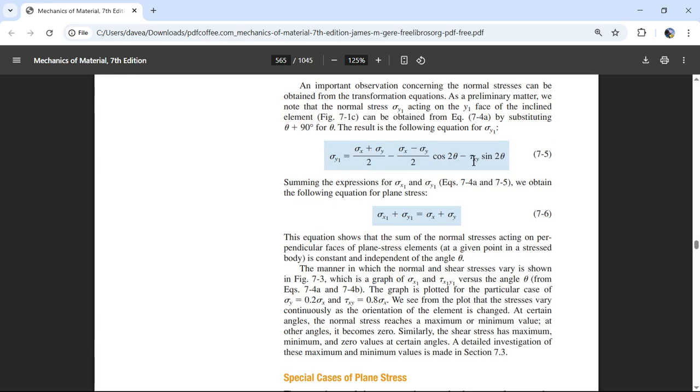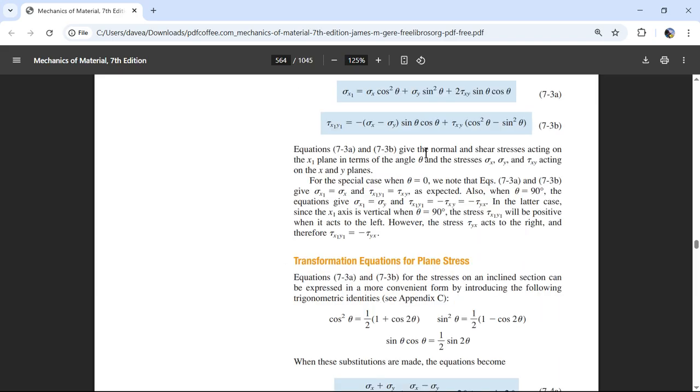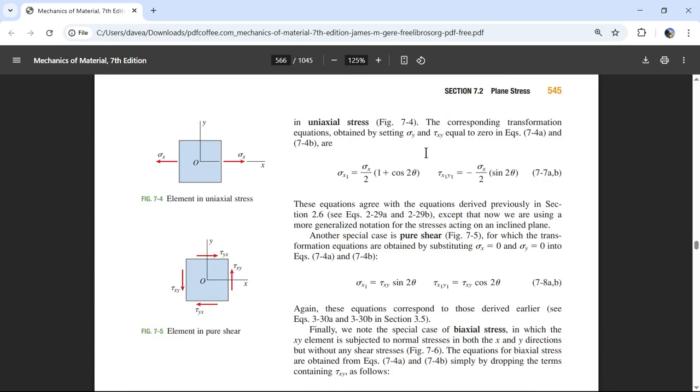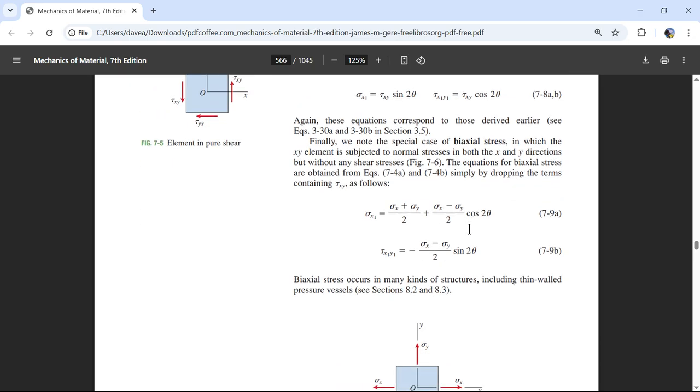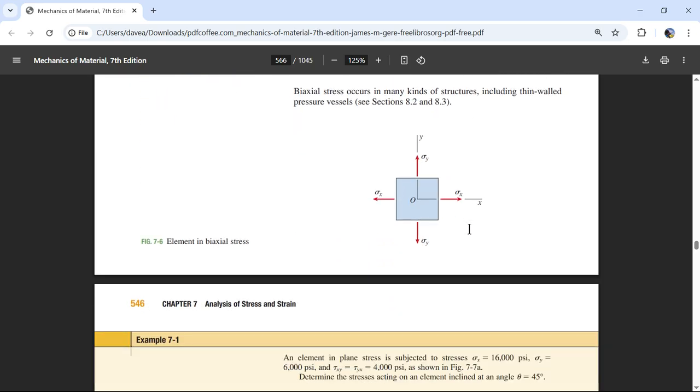So you have an equation with like three different things going on. Hey, maybe your shear is 0, that goes away. And maybe your sigma y goes away. So that's kind of all they're doing there for the uniaxial stress. If you just have shear, you just have that last part of the equation, you know what I mean, for both your sigma x1 and your sigma y1 and your tau x1y1.